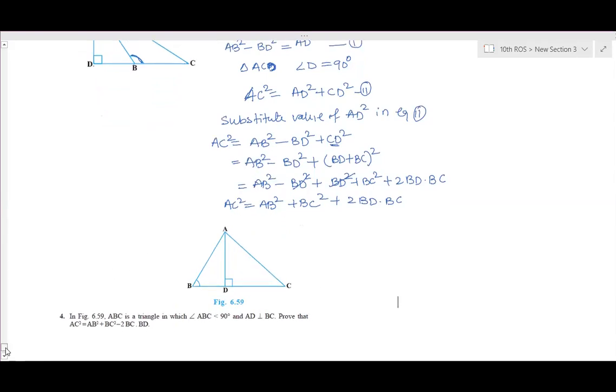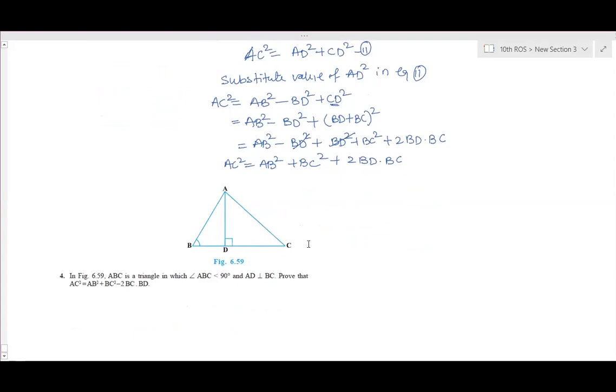Exactly the same method you have to follow. Only thing here, CD you have to replace as BC minus BD. That's it, that is all you have to do.